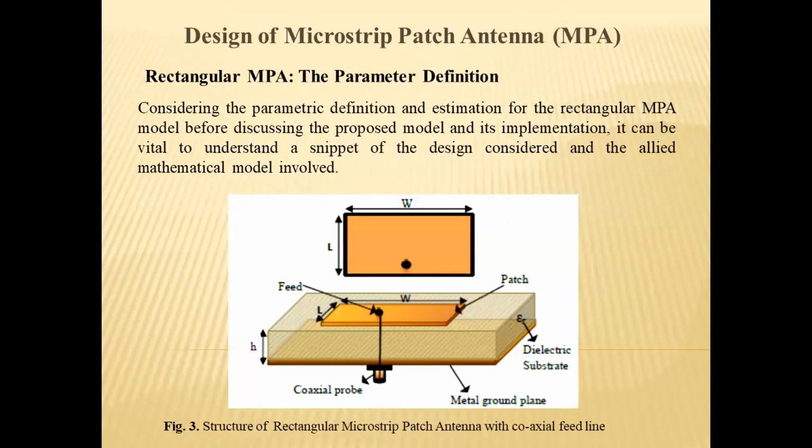Now come to the design of the microstrip patch antenna. Before discussing the proposed model and its implementation, it is useful to understand the design consideration and the applied mathematical model. For this motive, the parametric definition of the rectangular microstrip patch antenna is given in the subsequent section.